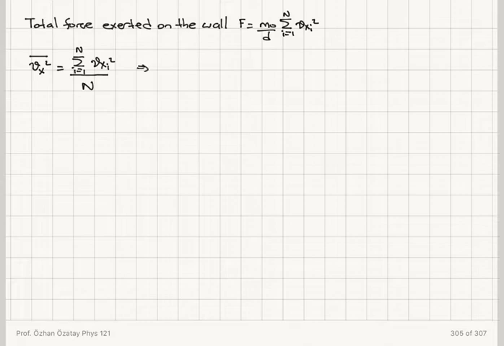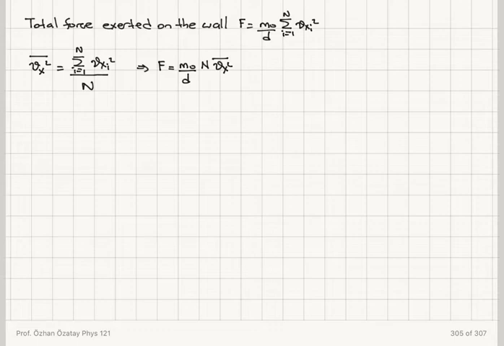So the total force exerted on the wall is m0 over d multiplied by N vx squared bar, where I have substituted N times vx square bar for the sum over i equals 1 to N of vxi squared.